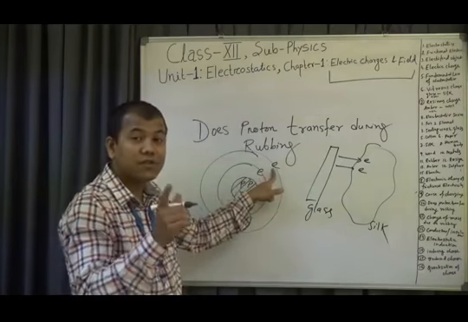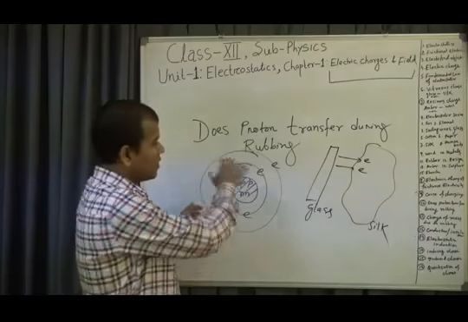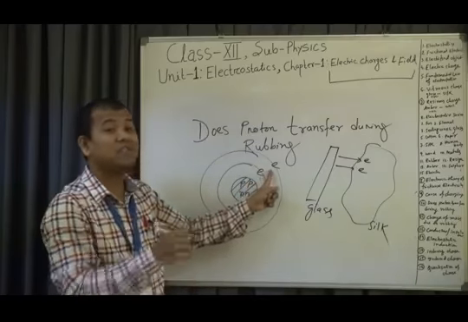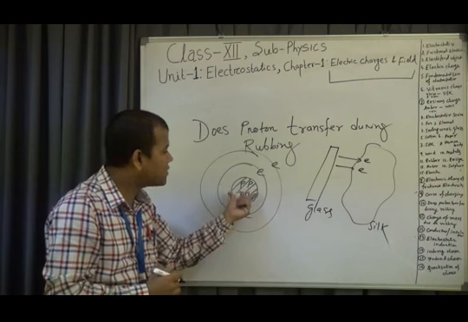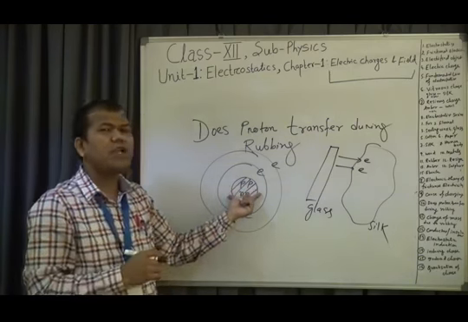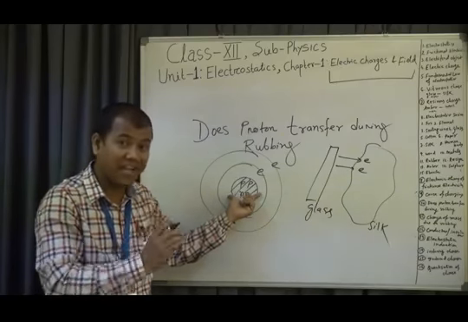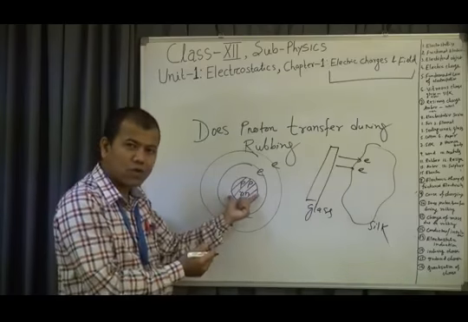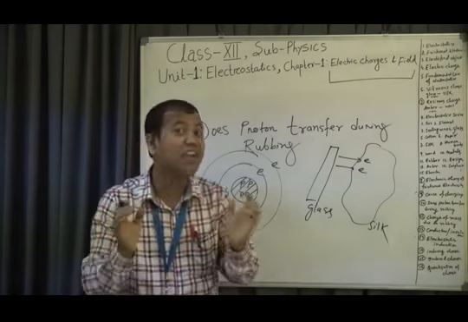Now electrons are in the outer part, in the extranuclear part of an atom, and hence these electrons can be transferred.